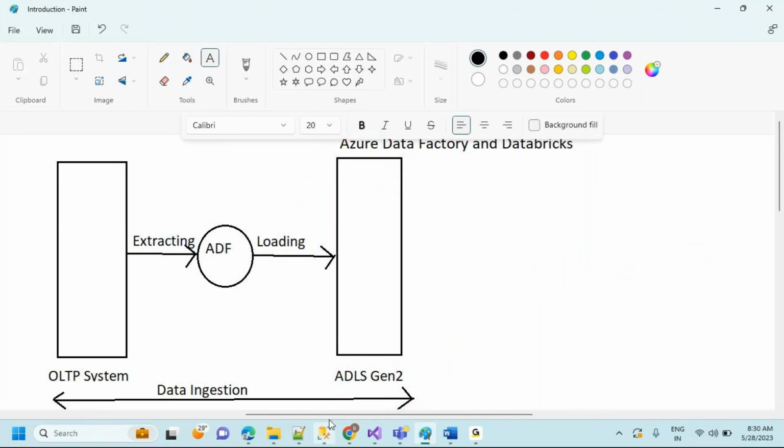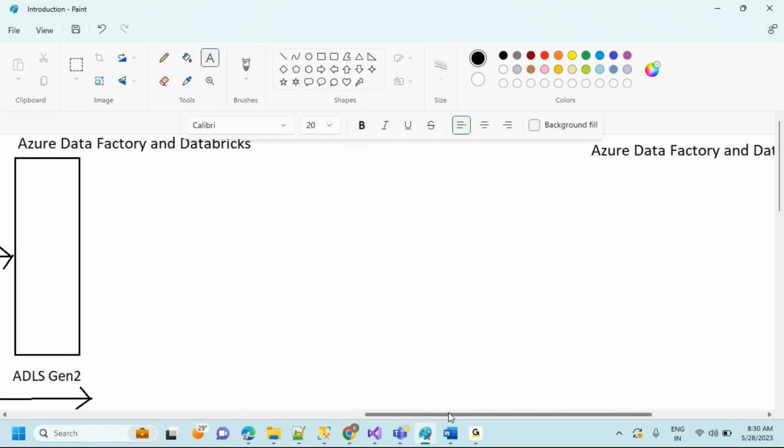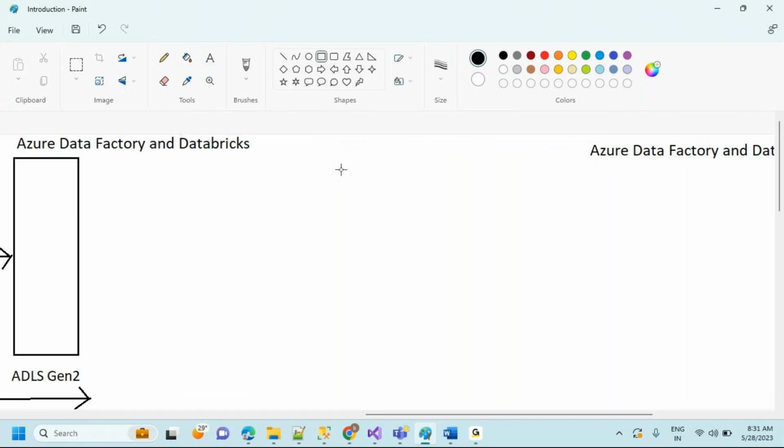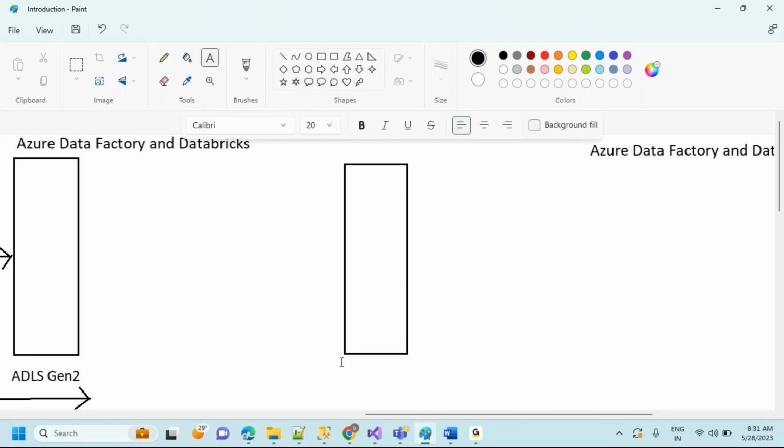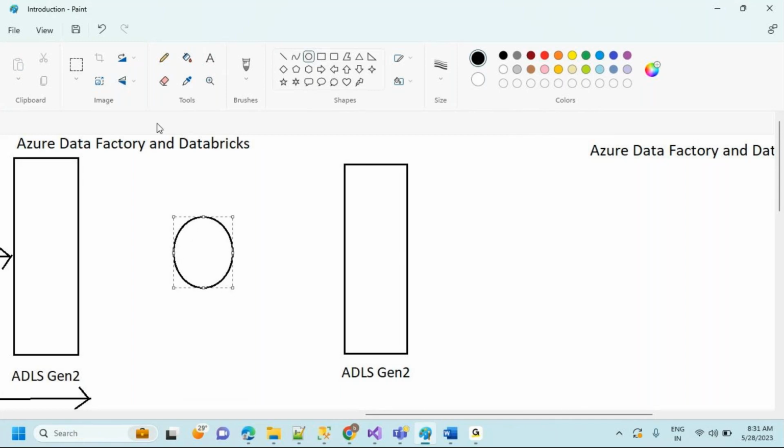Now, in the second stage of Data Factory, your data source is Azure Data Lake Storage Gen 2, and again your destination is ADLS Gen 2 only. The same Data Factory you are going to use to read the data from Azure Data Lake Storage Gen 2.